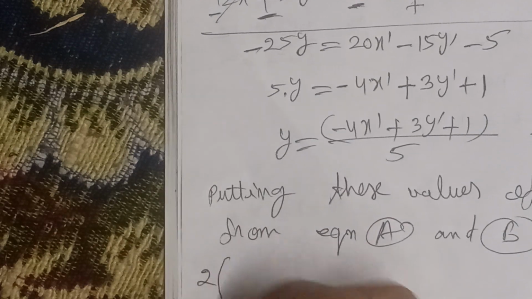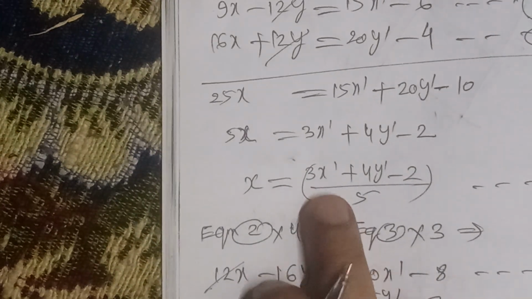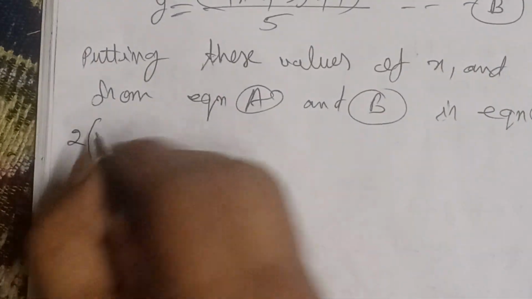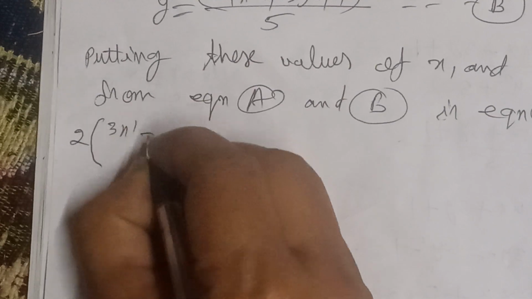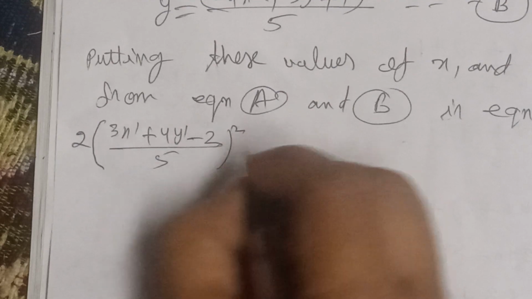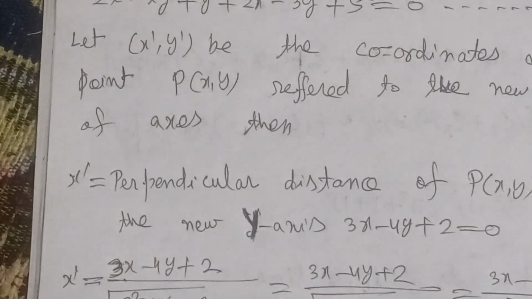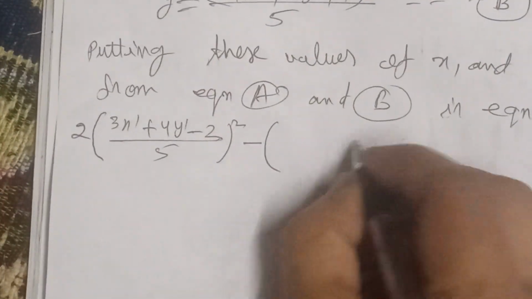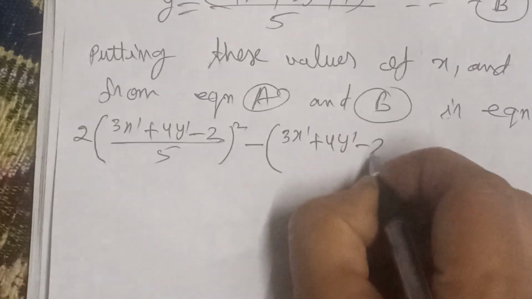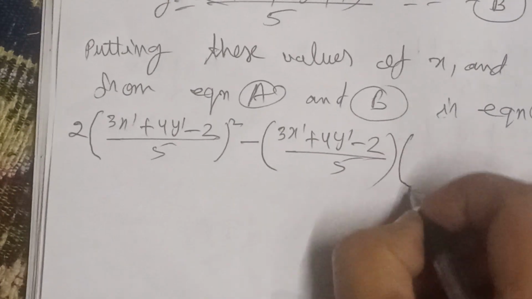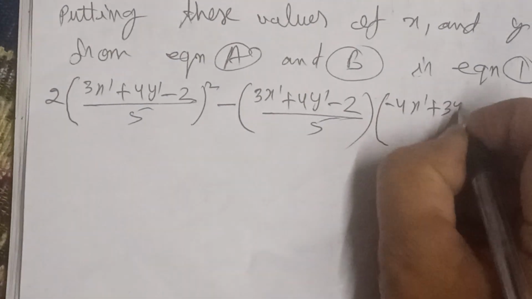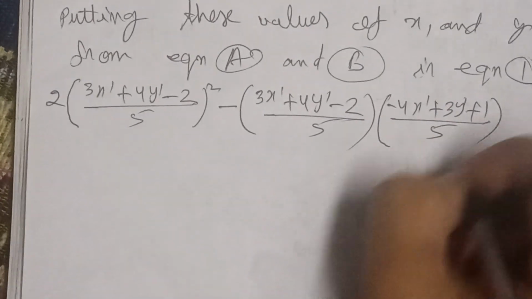The value of x is this, so I write the value of x here: 2 times (3x' plus 4y' minus 2 upon 5) whole square. Then minus xy, where the value of x is 3x' plus 4y' minus 2 upon 5, and the value of y is this, which is minus 4x' plus 3y' plus 1 upon 5.